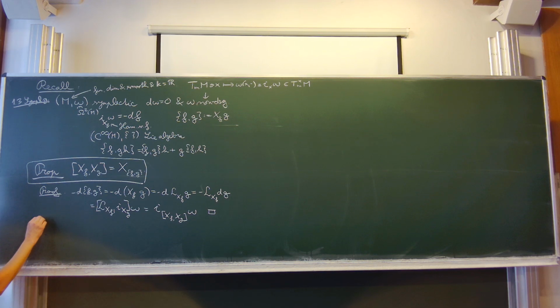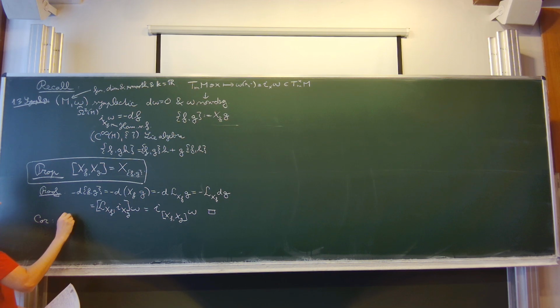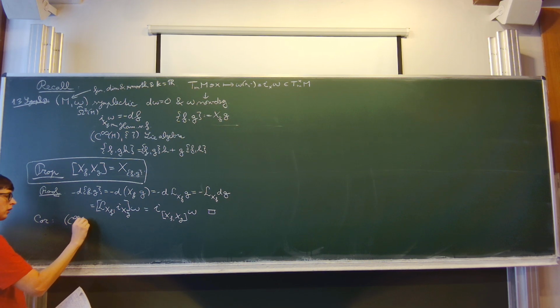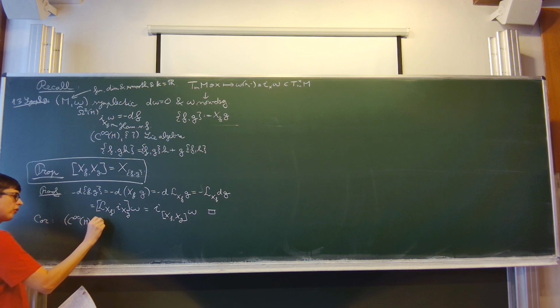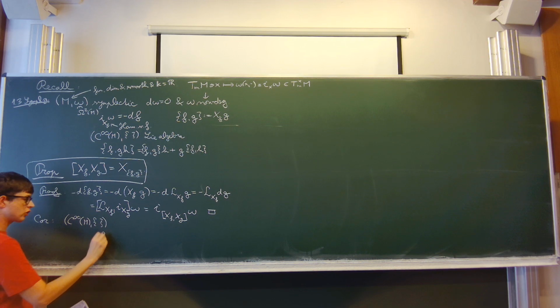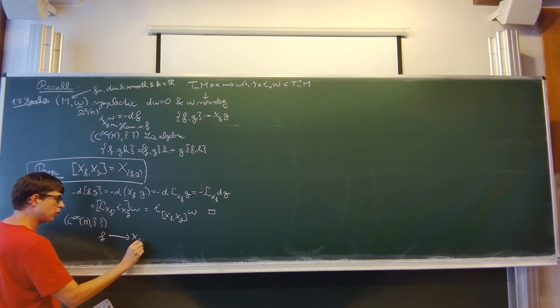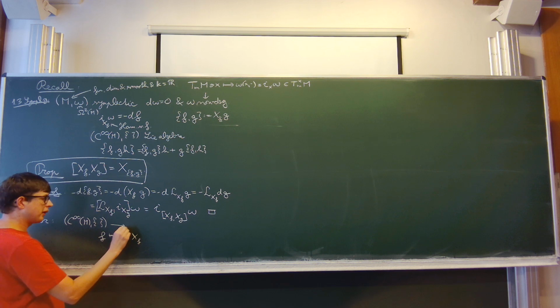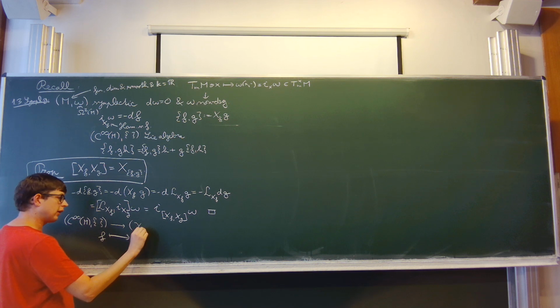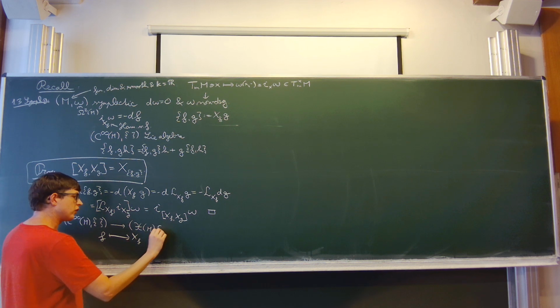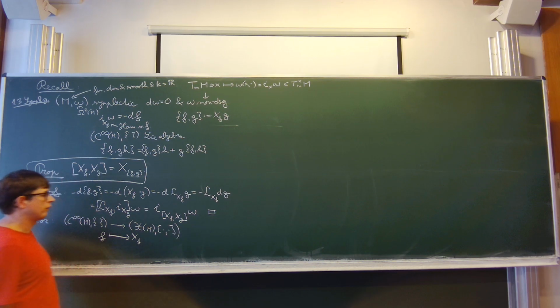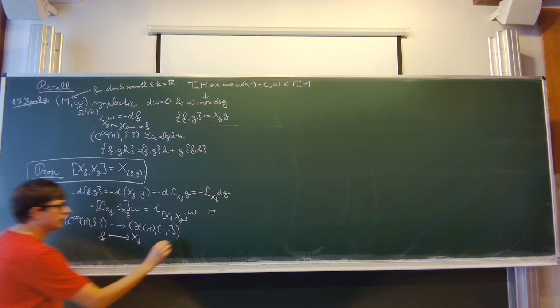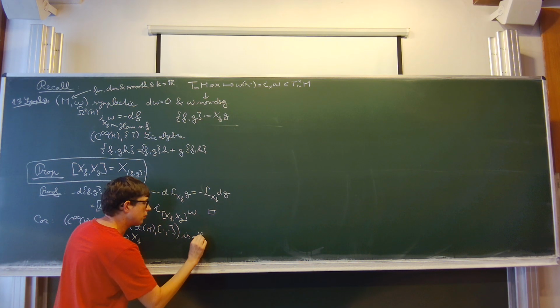And we saw before that as a corollary of this, the natural map which takes a function and spits out the Hamiltonian vector field is in fact a morphism of Lie algebras. So this is a Lie algebra morphism.